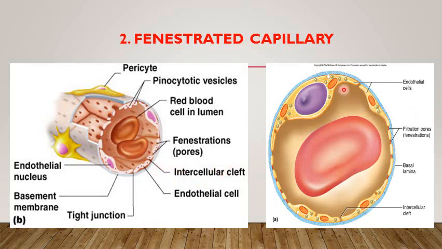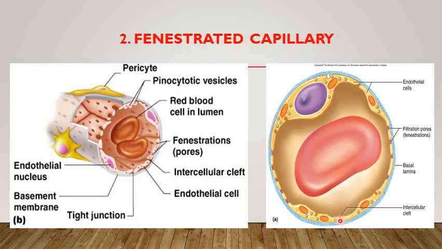So look at this picture again. You can see these areas which are showing you the filtration pores, and these are the fenestrations. Because of this, they show you the sieve-like appearance in the capillary wall. These filtration pores have these fenestrations for rapid absorption, and at the area where this is joining, this is showing you the intercellular clefts.